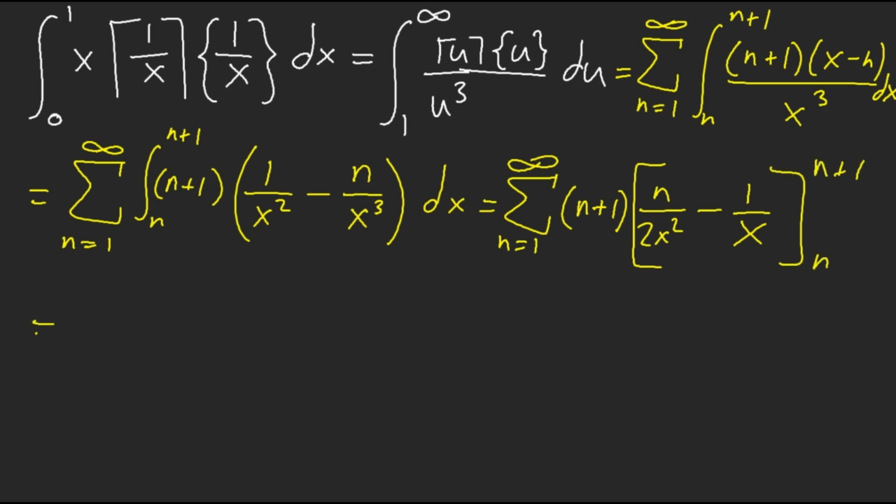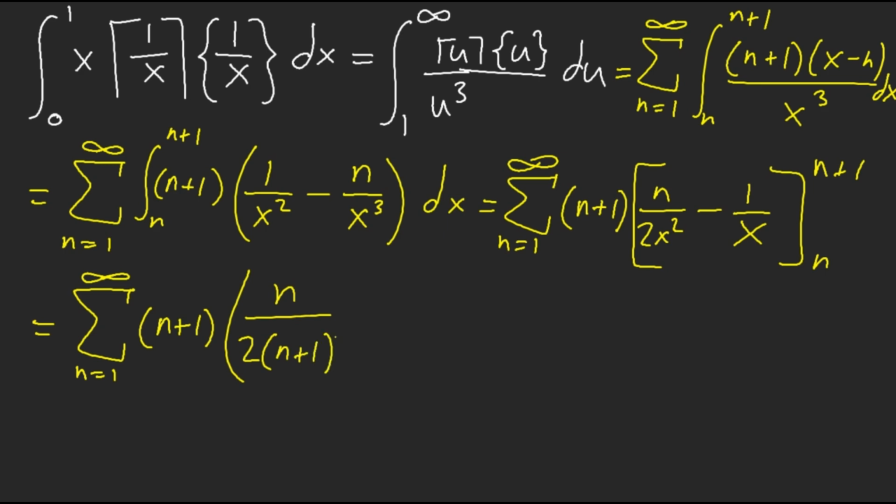This looks familiar, doesn't it? Okay, so we have n plus 1, we have n, 2n plus 1 squared. Okay, and then minus 1 over 2n plus 1 over n.